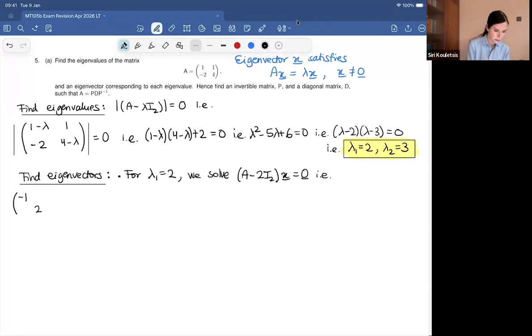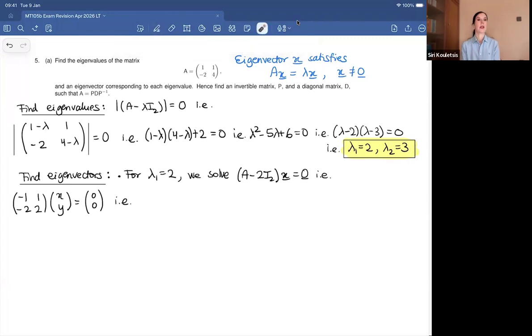The other two entries stay the same. And here we are in the situation that I talked about earlier.